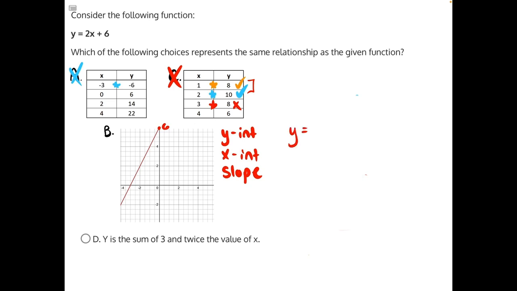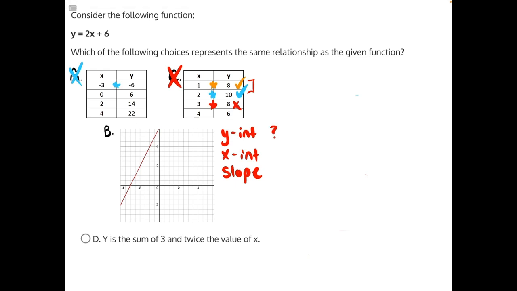If we plugged 0 in for x, our y-intercept is where x is equal to 0, right? So we would do 2 times 0 is 0, plus 6, and we would have y is equal to 6. Our y-intercept should be 6, and it looks like it probably intersects there, but we can't know with 100% certainty. So we will leave this up to just a question mark.